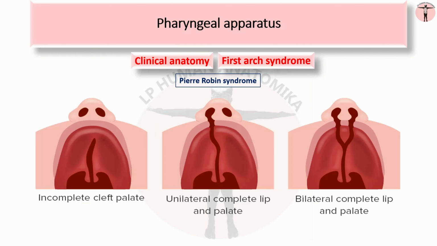In this diagrammatic representation, you can observe the cleft in the hard palate forming the roof of the oral cavity. The cleft can be limited only to the palate, which is called cleft palate, or it can be associated with the lip, called cleft lip and palate. Cleft lip and palate can be unilateral or bilateral.